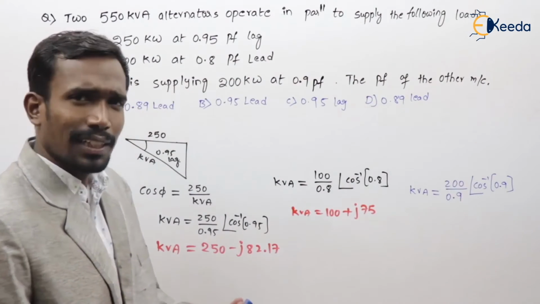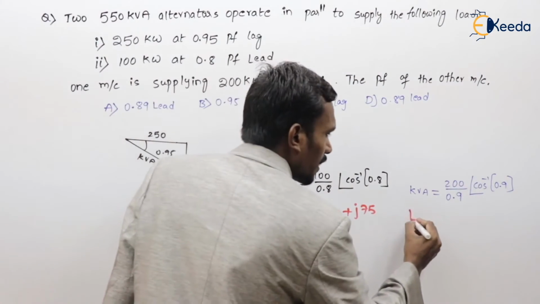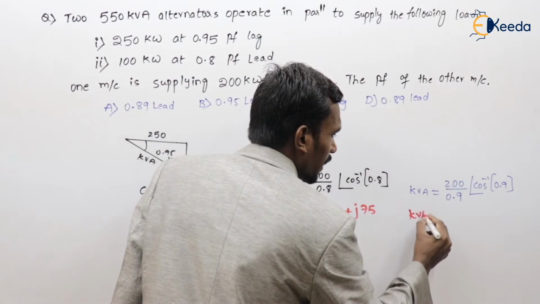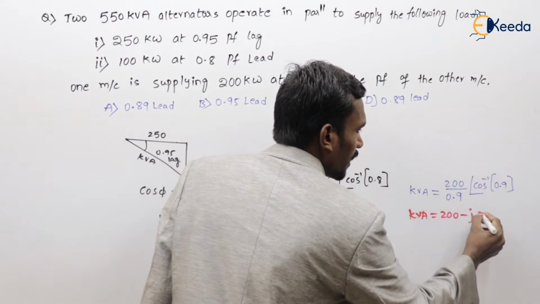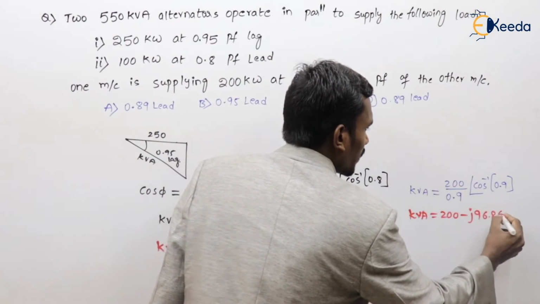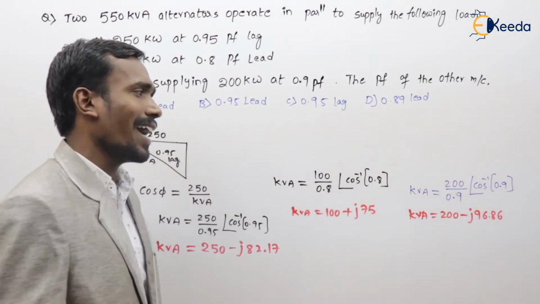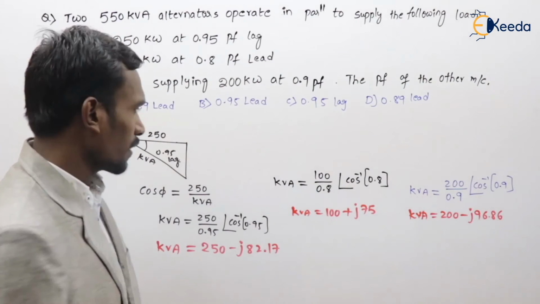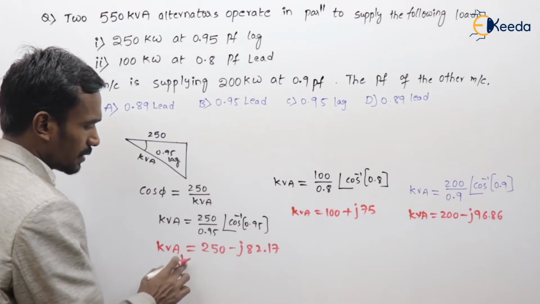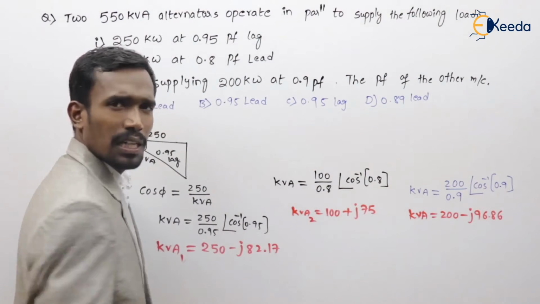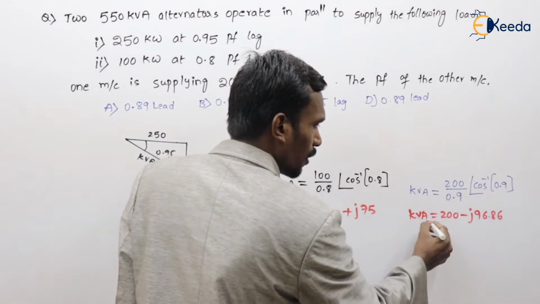If we calculate that, then we can get this kVA. This kVA is equal to 200 minus j96.86. This is for the first machine. This is for the second machine. This is for the first load.